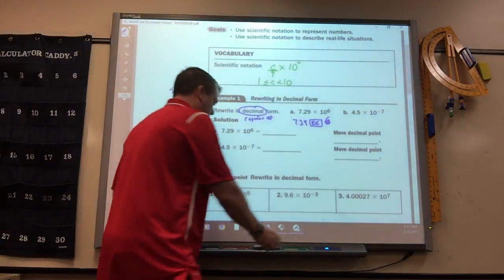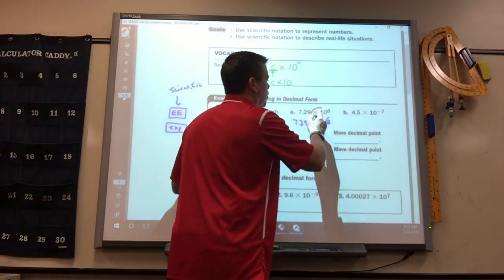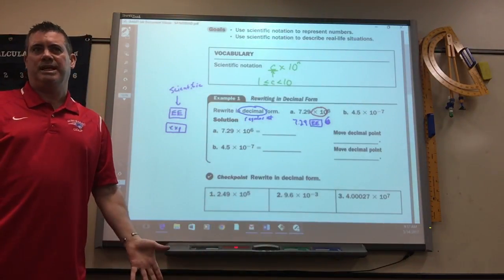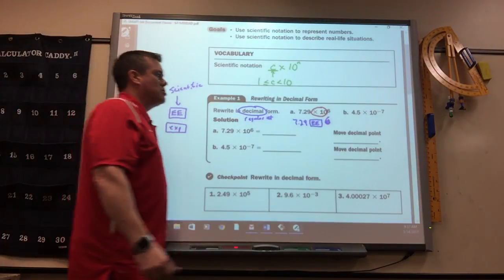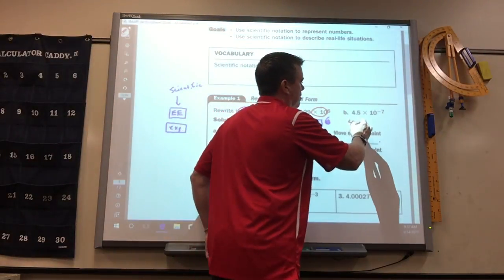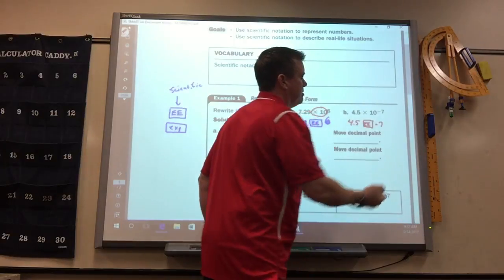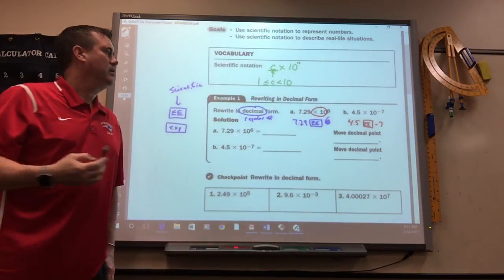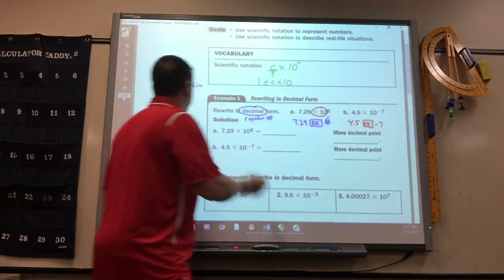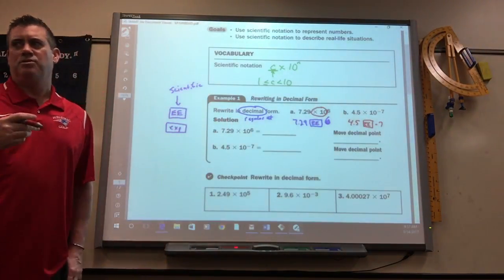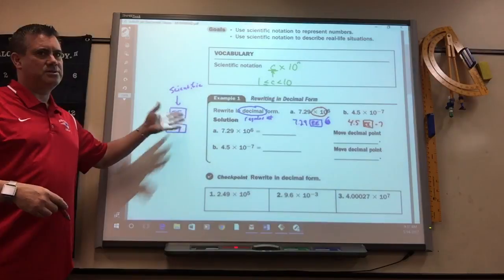The EE does the times 10 for you. Here you just put 4.5 EE negative 7. A lot of times people hit this and then put a times 10 raised to the 6th. So remember, the EE does that for you.